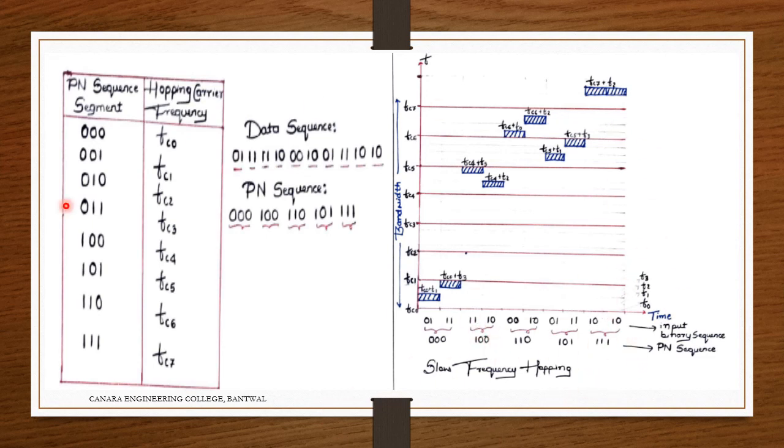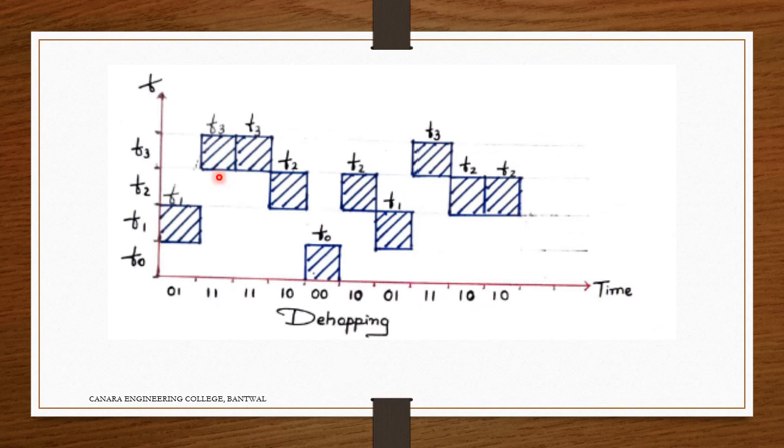So this is the spectrum hopping, but sometimes they will ask how to demodulate this. So that time we need to represent this. So what is the bit here? 0 1 1 1 1 1 1 0 0 0 1 0 0 1 1 1 1 0 1 1. We have to de-hop it back. So again, what we have given has to be there: F0, F1, F2, F3, what we have decoded.